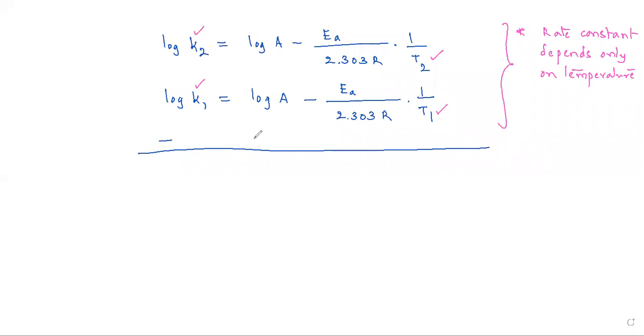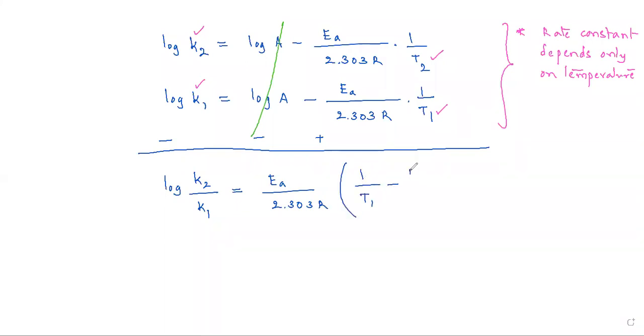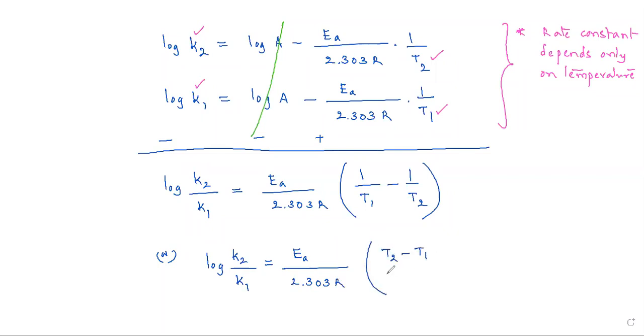Okay. Now, let us get the final expression. See, this can be written as log k2 by k1 is equal to, of course, this gets cancelled, and it can be written as Ea by 2.303 R into 1 by T1 minus 1 by T2, or else log k2 by k1 is equal to Ea by 2.303 R into T2 minus T1 by T1 T2.